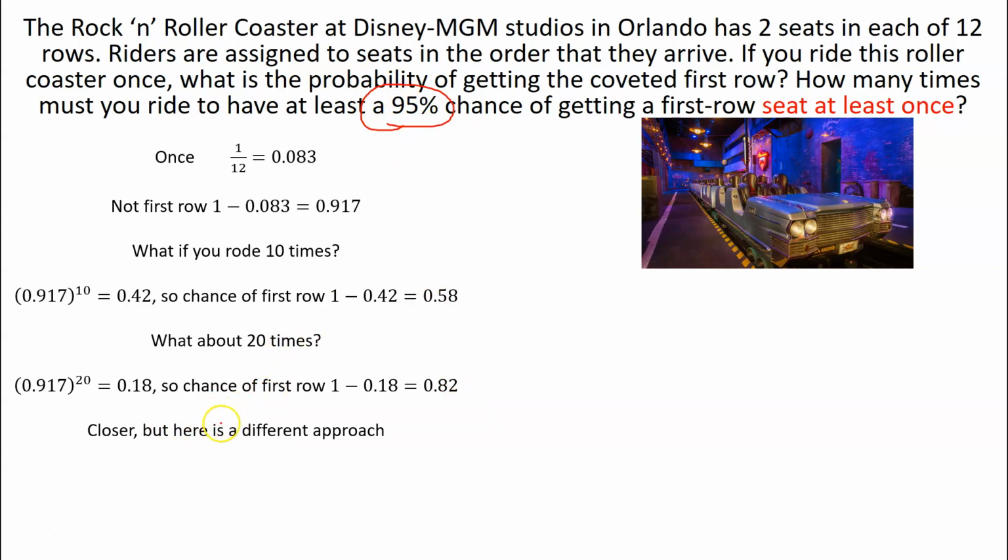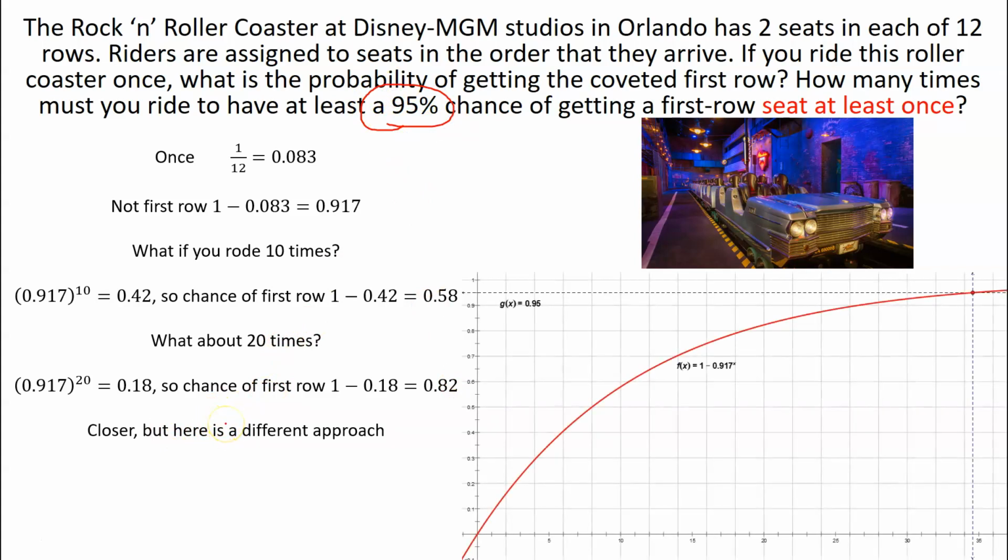Here's a different way of going about this. If you write yourself a little equation, and all I'm doing here is just the equation of what we've been doing. We did 1 minus 0.917 to the 10th, 1 minus 0.917 to the 20th. Let's just do 1 minus 0.917 to the x. And then graph it.